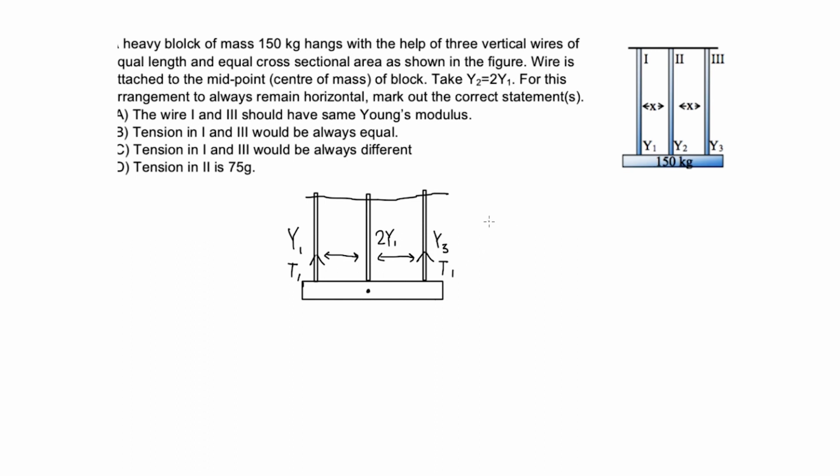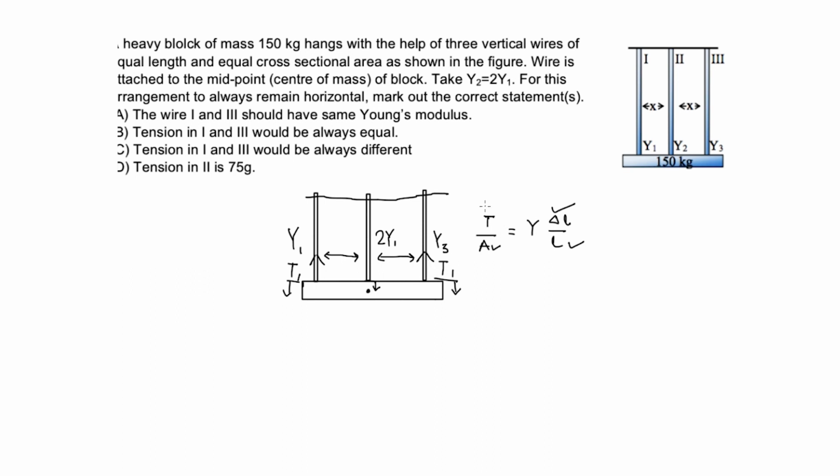Because T divided by A is equal to Y into delta L by L. If it has to always remain in a horizontal position, then the elongation of this part and the elongation of this part should be the same. So delta L will be the same, L is the same, A is given the same.